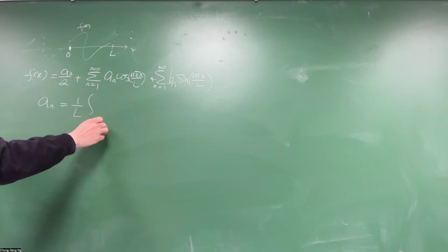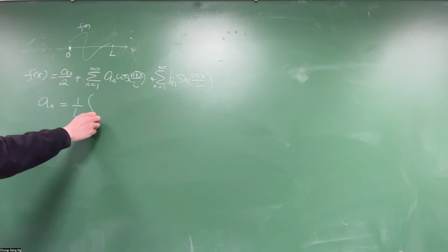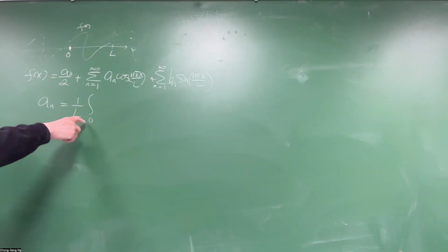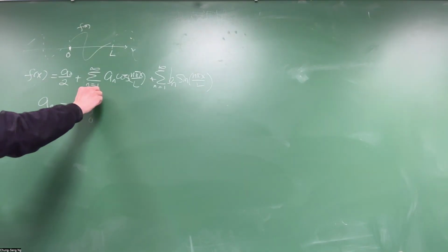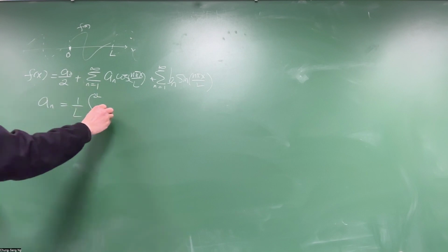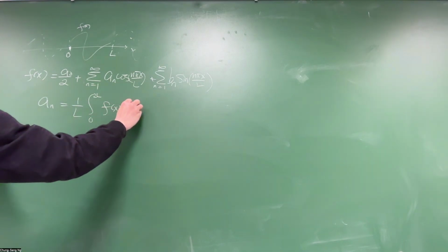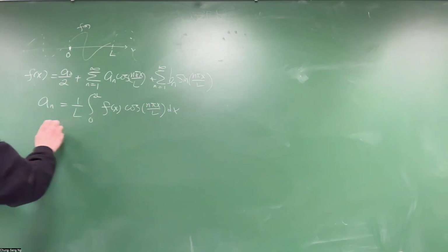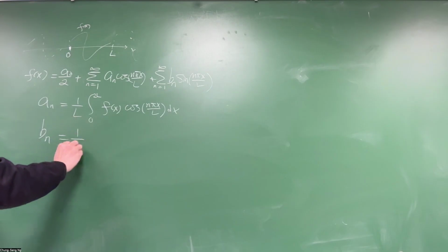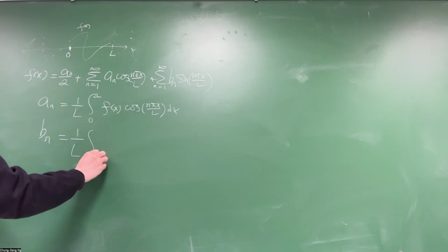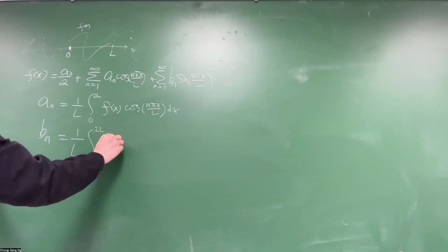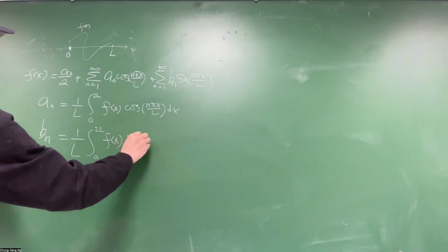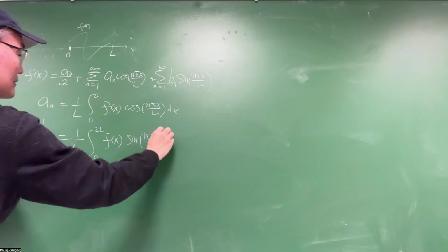This is for the period 2L, so you either integrate from minus L to L or 0 to 2L. Let's just write 0 to 2L. Okay, so this is the original one with the period as 2L.